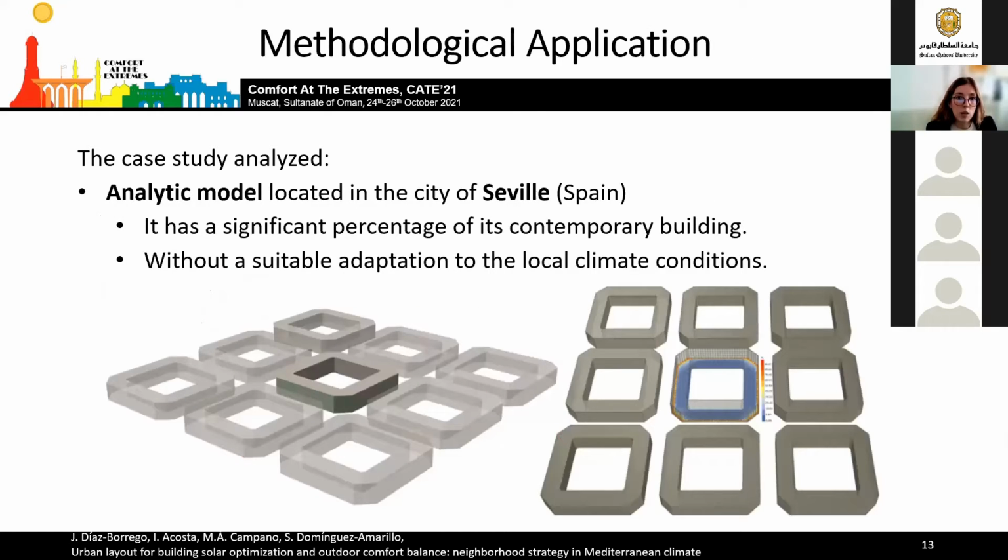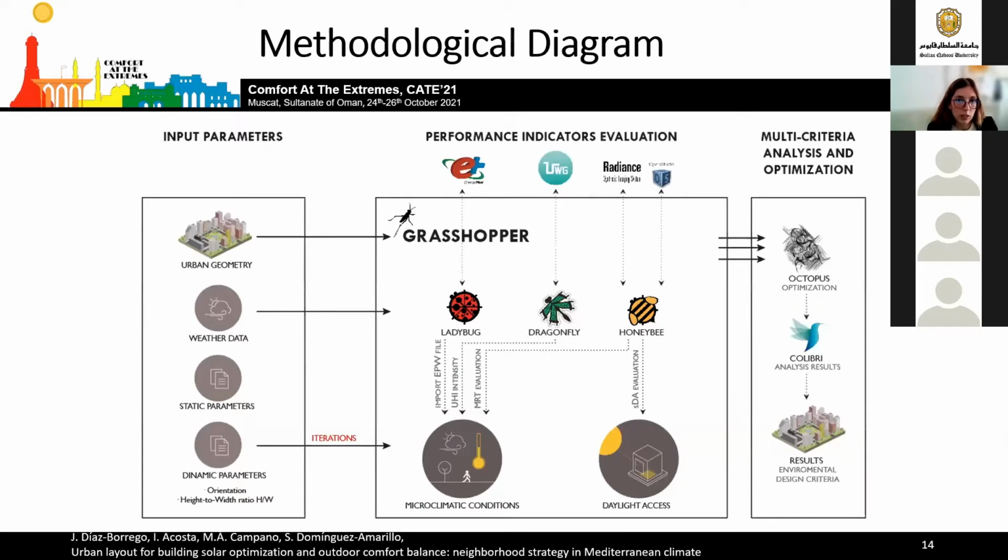And the application of the proposed methodology has been carried out using a small sample of study located in the city of Seville in Spain, which has a significant percentage of its contemporary buildings without a suitable adaptation to the local climate conditions. And for the analysis, we have chosen a typical urban expansion configuration.